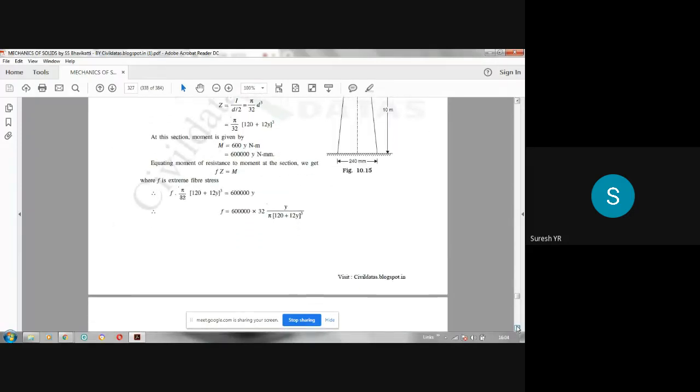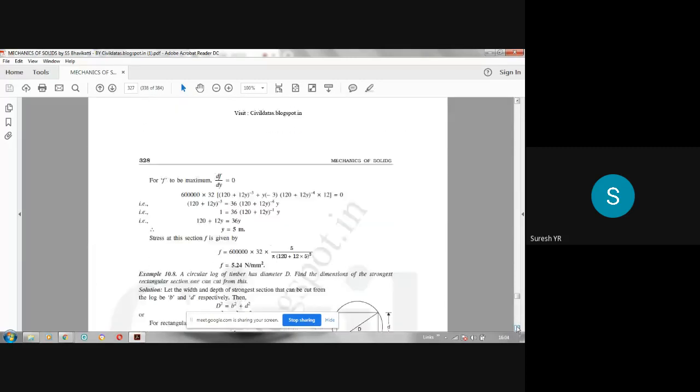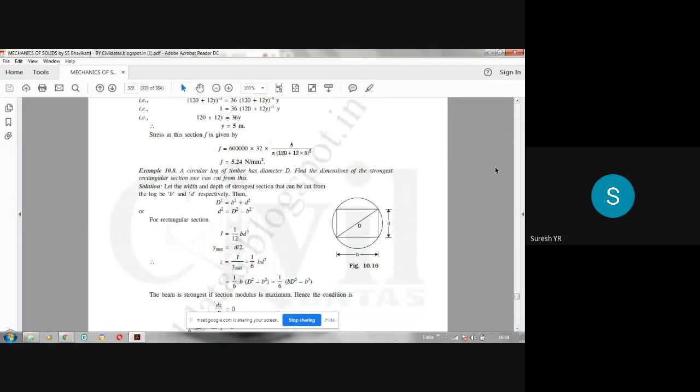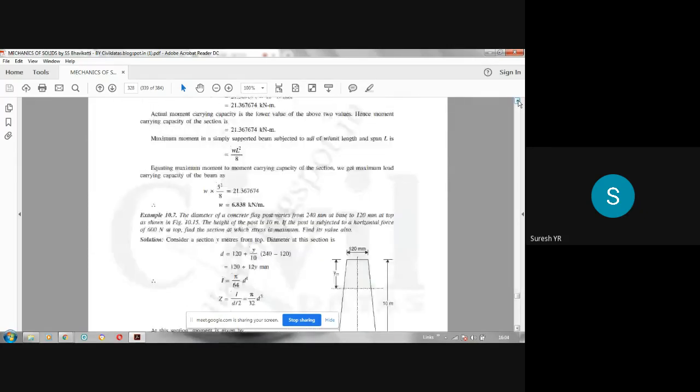So a lot of problems are there, but the standard types you have to take up are rectangular section, hollow rectangular, circular, hollow circular, I section, and T section. They are the important types of sections normally used in beams.